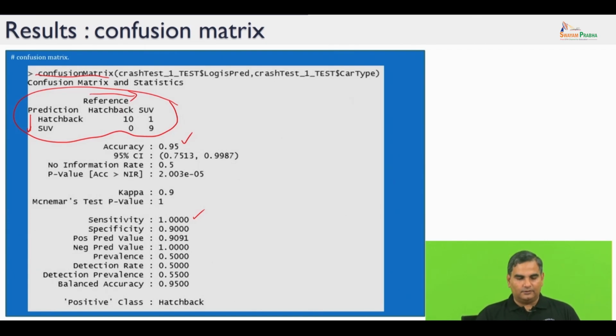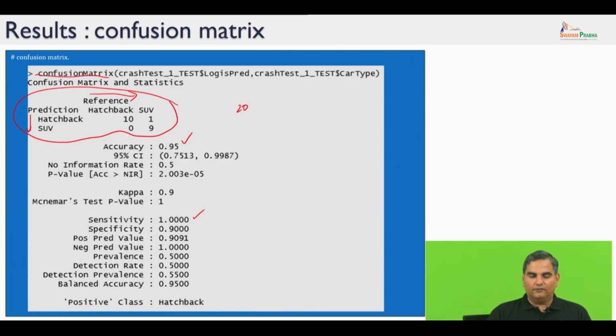This is a result of one classification algorithm, and let us try and see how we interpret this result. The total number of data points that were used can be easily found out by summing all the 4 elements here. So, the number of data points that were used in this algorithm are 20.